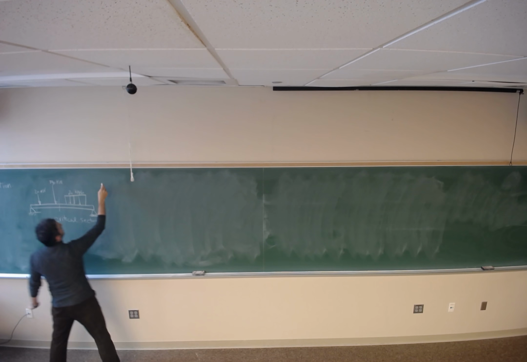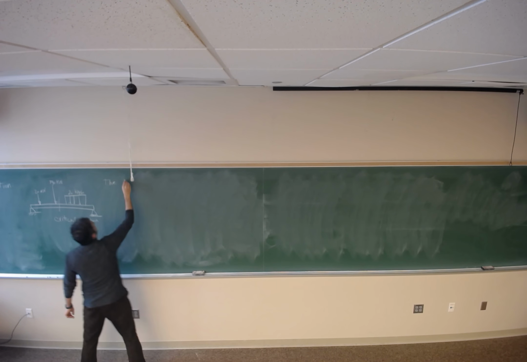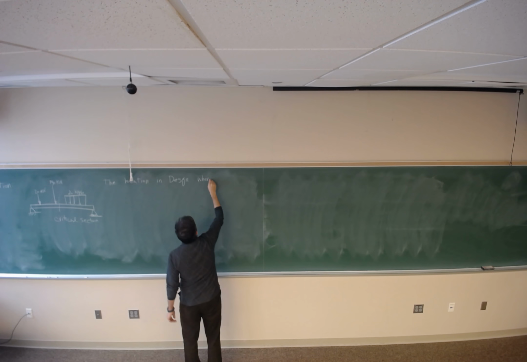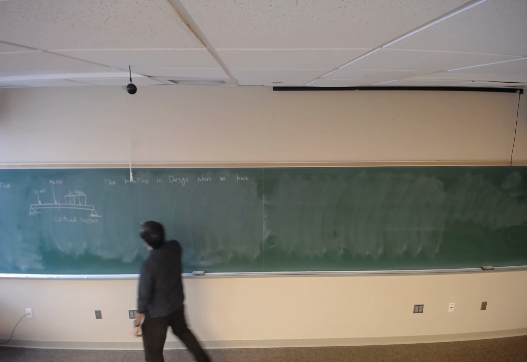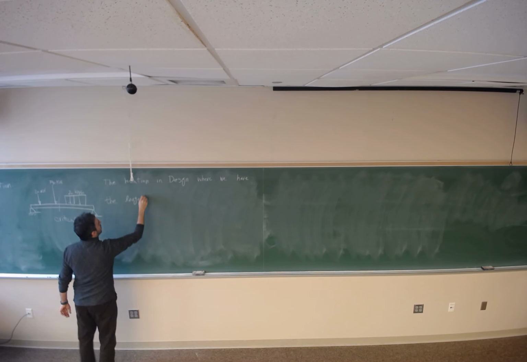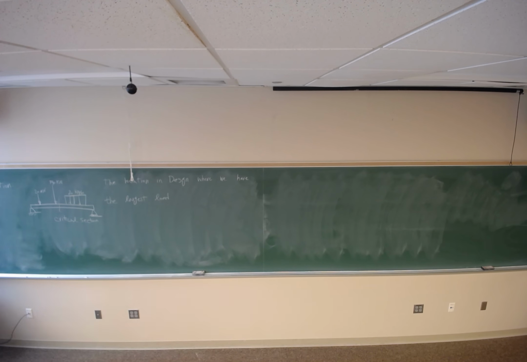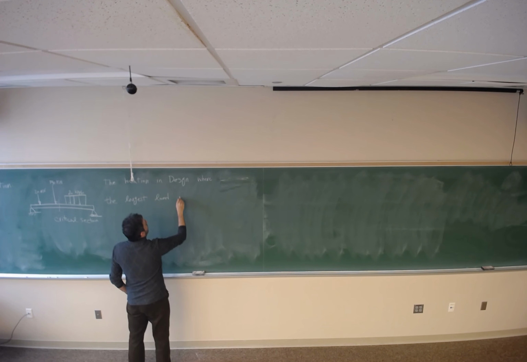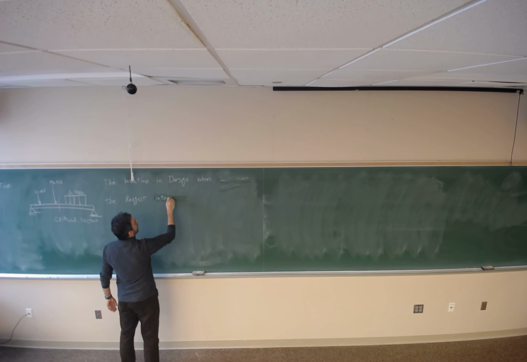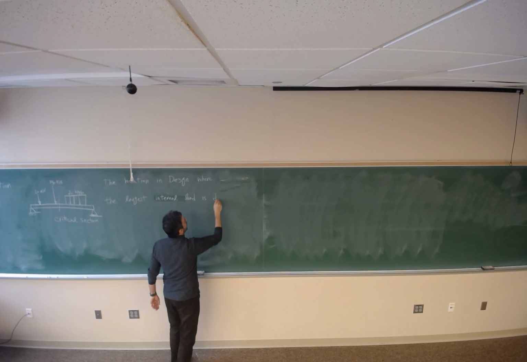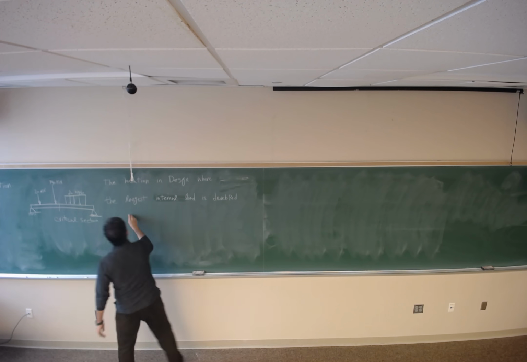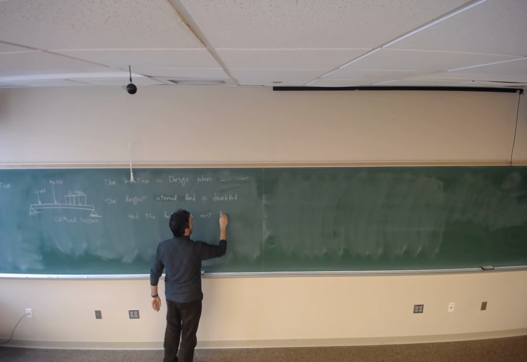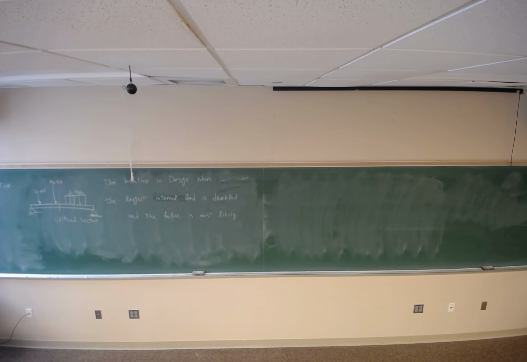So as a definition, critical section is the location in design where we have the largest internal load developed and the failure is most likely. So this is the definition of critical section.